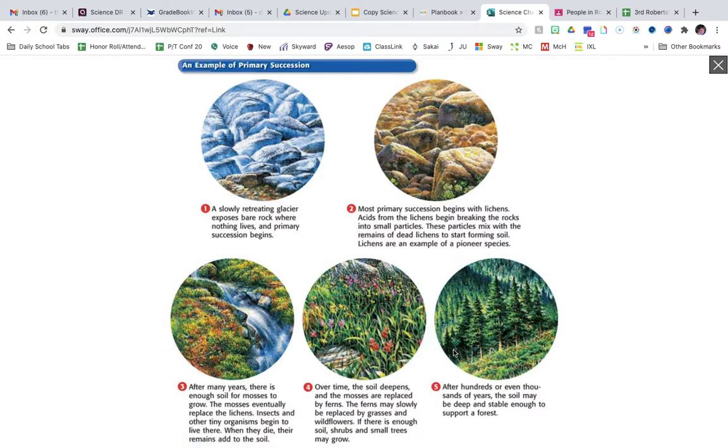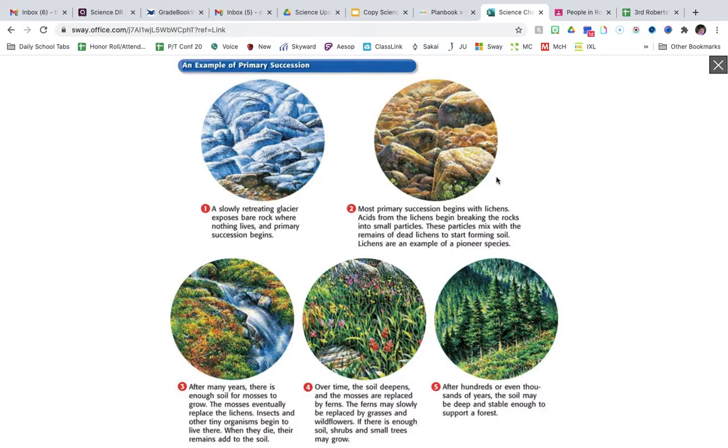Here is another example. Each of these pictures shows the same area, just over a long time period. To begin with, we have a slowly retreating glacier that exposes bare rock, and there's nothing that lives there. So primary succession is beginning here.